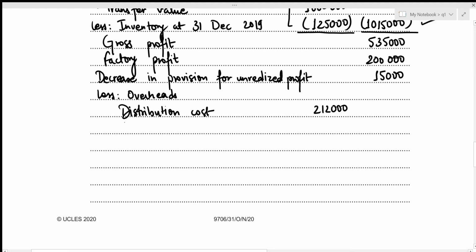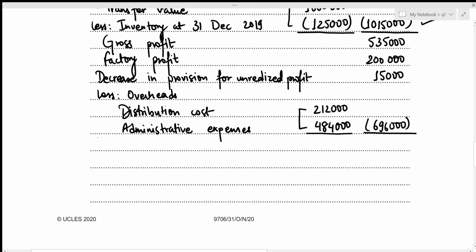So that's administrative expenses amounting to 484,000. And we know that this concludes all of our overheads, so we can just figure out our total. That's going to be the sum of these two amounts, which is 212,000 plus 484,000, which results in the value of 696,000. And since we need to subtract this, I'm just going to put it in a bracket. Okay, now we can easily figure out our profit from operations.